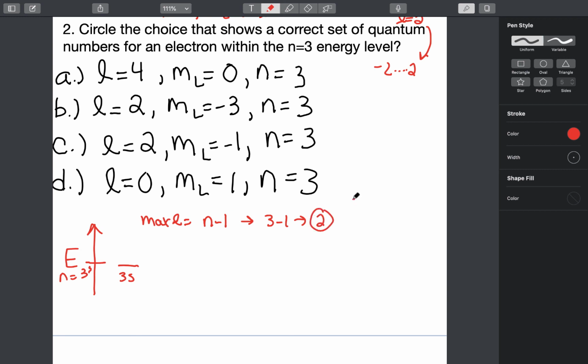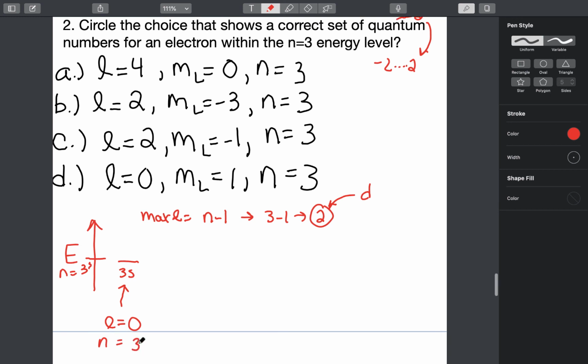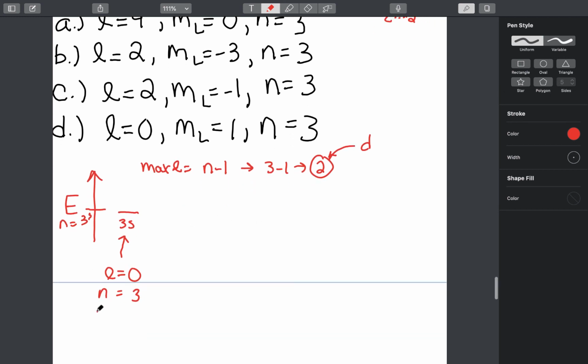So we would go all the way up to the d sublevel, to the d orbitals. So now that we have 3s, which corresponds to an L equal to 0, an n equal to 3, and an ML equal to 0.